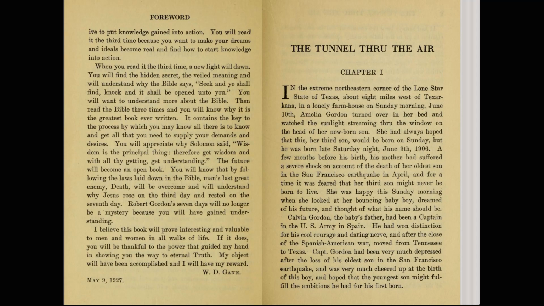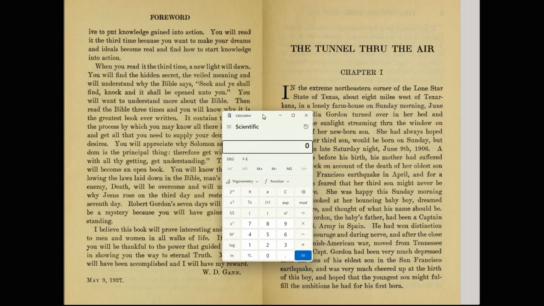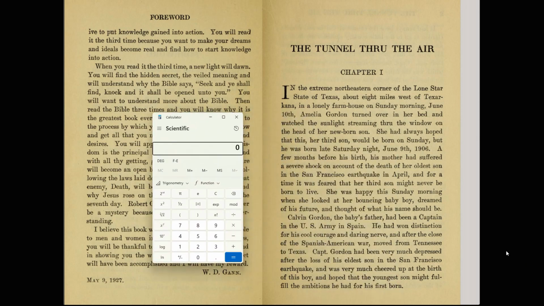And if we bring the calculator up here, April 18th means there's 12 days left in April. May has 31, and then Robert Gordon was born on June 9th, so 9 added to that means 52 days. So there's 52 days, or about 1/7 of a year, between the San Francisco earthquake and Robert Gordon's birth.